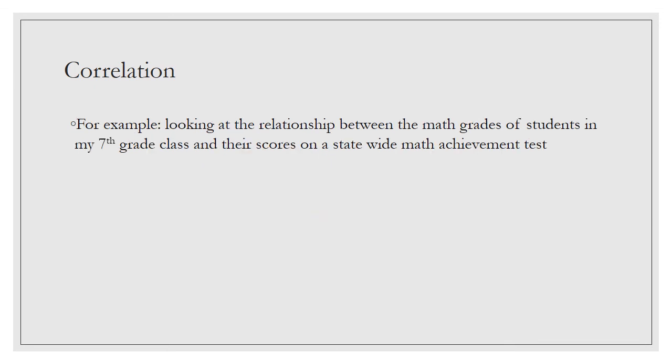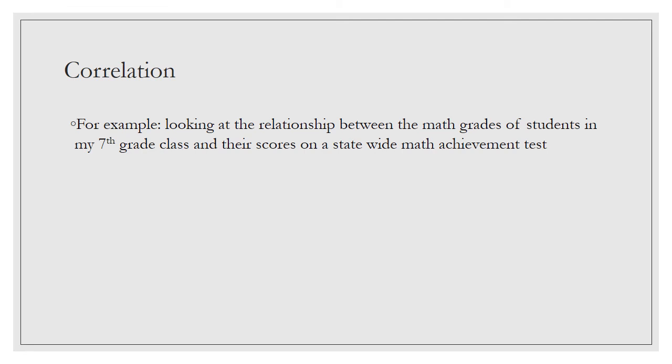Since I've used math assessments and math achievements throughout the semester in my examples, I may have my students in a 7th grade class, and they have taken some assessments, and I have grades for those students in a 7th grade mathematics course.